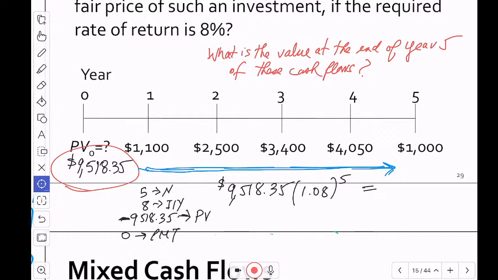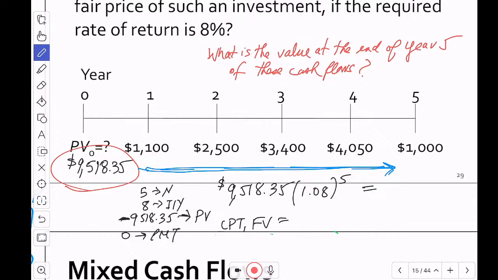So now I can just compute the future value and get my answer. What do you get? Right, 13,000.